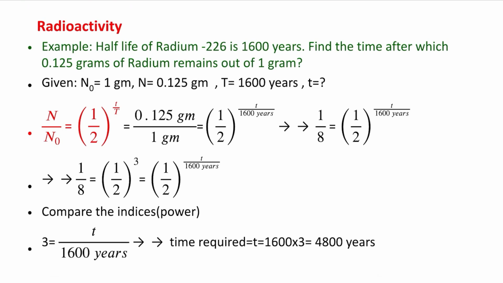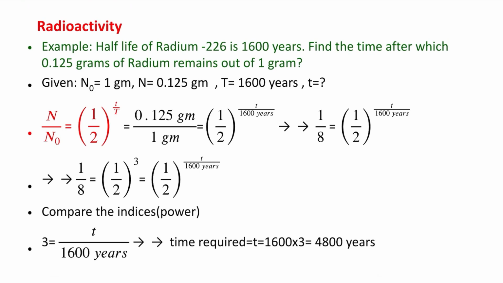Now from this I can calculate that the time required, small t, is equal to 1600 into 3, that is equal to 4800 years.